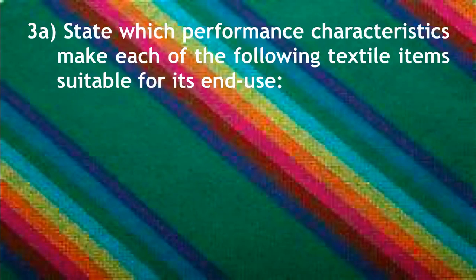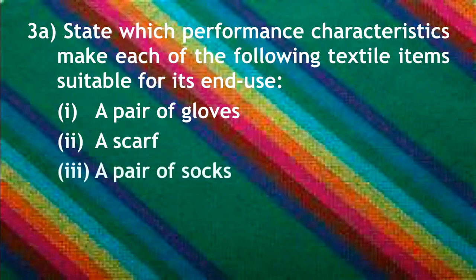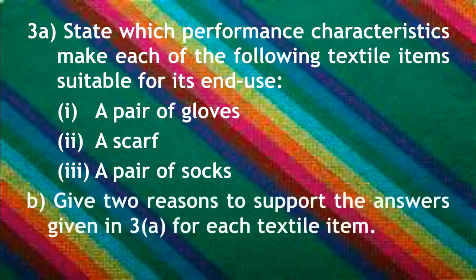Question 3, state which performance characteristics make each of the following textile items suitable for its end use. First one, a pair of gloves. Second one, a scarf. Third one, a pair of socks. Give 2 reasons to support the answers given in 3A for each textile item.